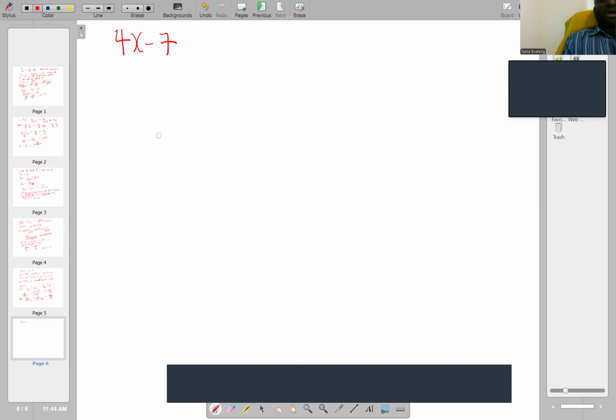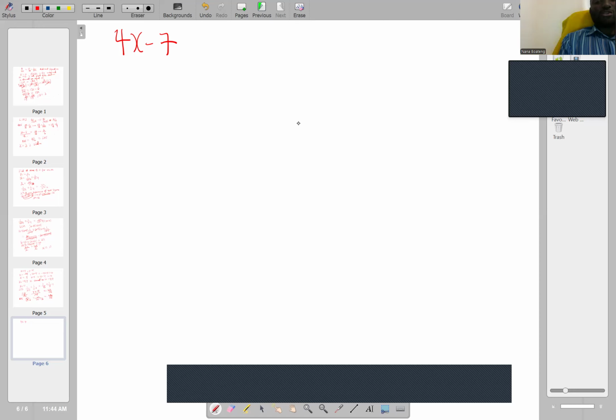So 4x minus 4x gives us 0, and this is equal to minus 4 plus 3, which is positive 1, plus 7, which is equal to 8.